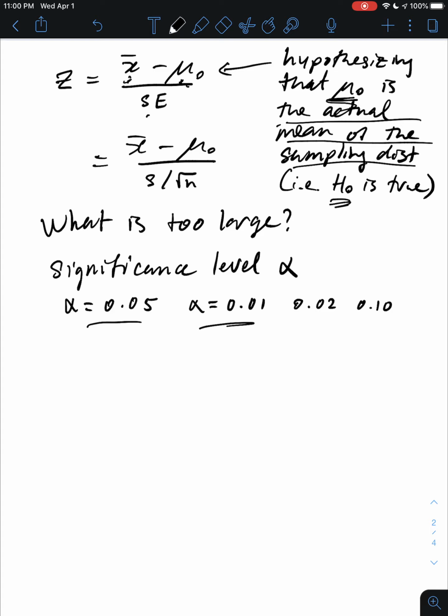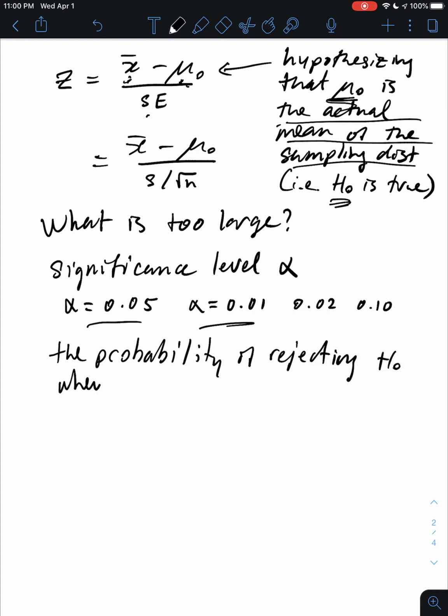What does the significance level mean? Well, it is the probability. Specifically, it means the probability of rejecting H sub 0 when it is true.